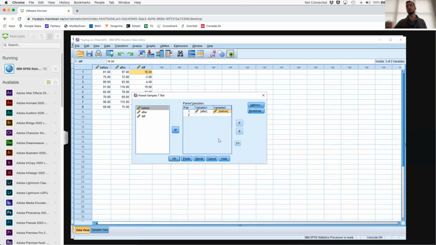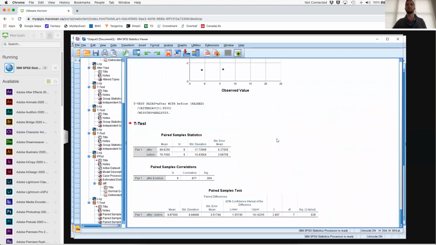So when we use the paired samples t-test command, variable 1 represents the leading variable, and variable 2 represents the variable that's going to be subtracted. So to be consistent with our difference calculation, we do after minus before. All right, and then we click OK.